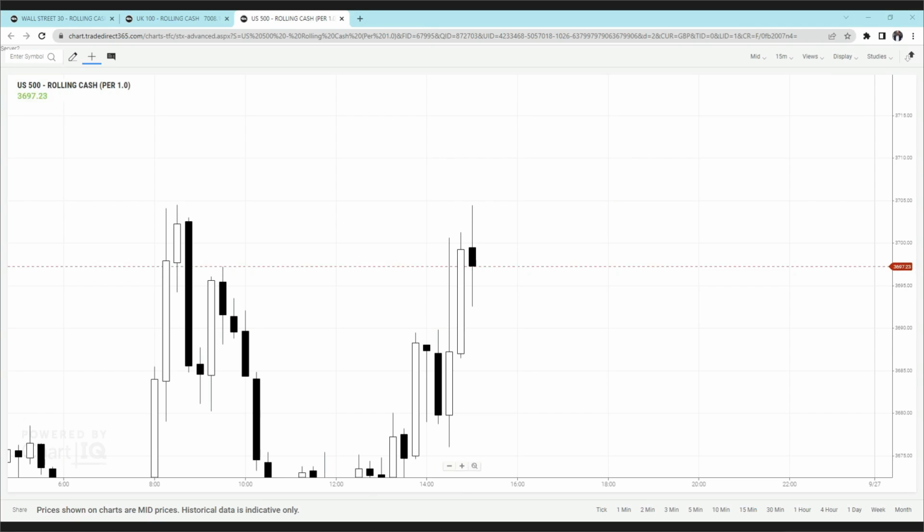I'm closing the other half here at even. Close the other half here for plus 6. So plus 46 in total, 40 on half and 6 on the other.